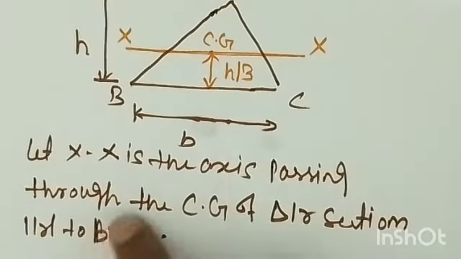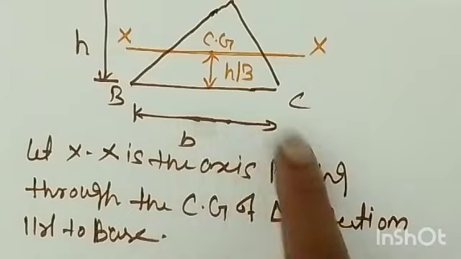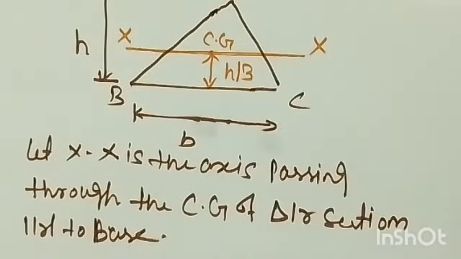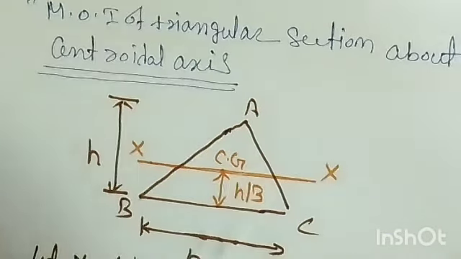So now we have considered that the xx axis passes through the center of gravity of the triangular section, parallel to the base BC. Now we need to find the moment of inertia.